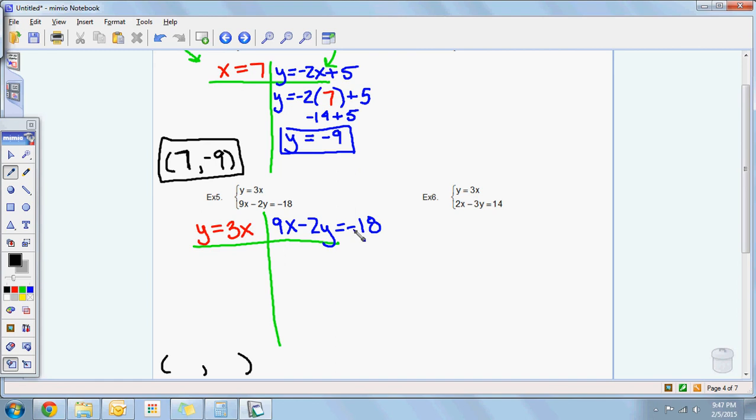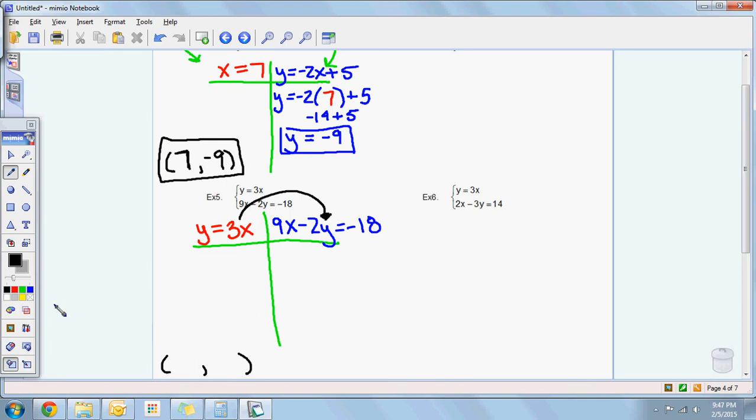Would it be easier to substitute something over here into this equation, or would it be easier to substitute this into this equation? Looks like I know what y is equal to. So every time I see y, I'm going to substitute 3x into the y, because y is equal to 3x.